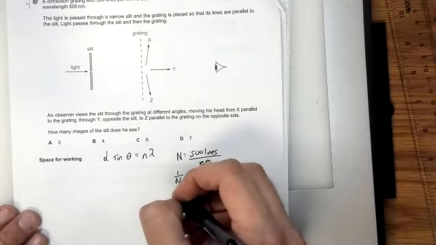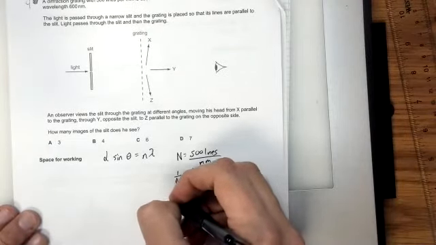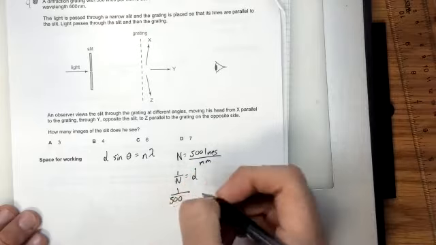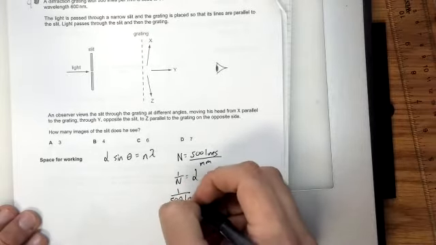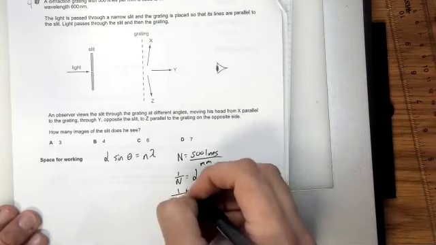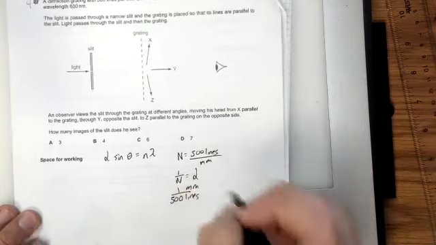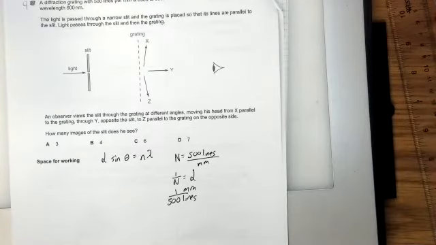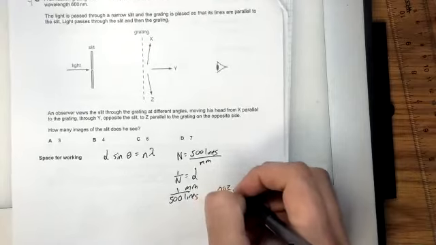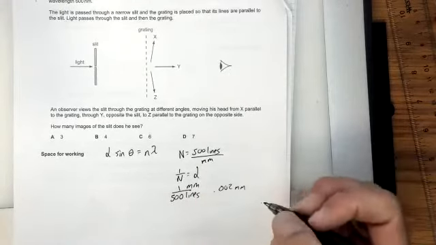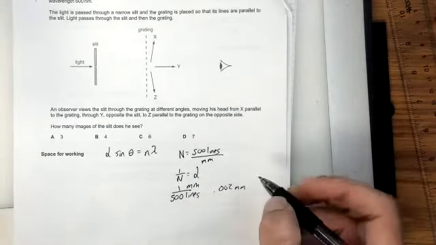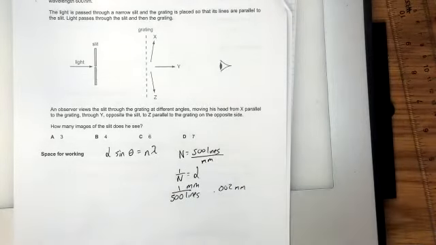So we have 1 divided by 500 lines per millimeter, right? So when we solve this 1 over 500, keep in mind that it's still in millimeters. So 1 divided by 500 means that there is 0.002 millimeters between each slit in the diffraction grating, right?